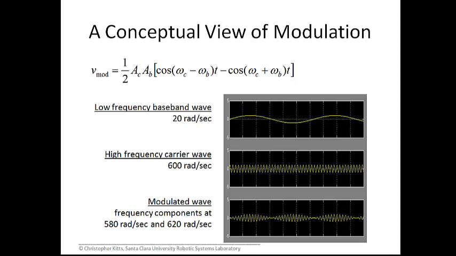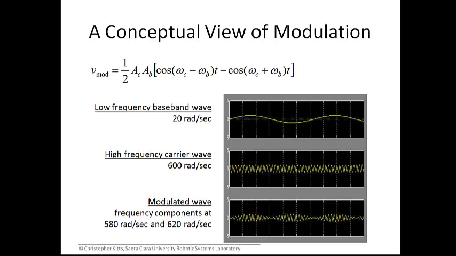So here's that expression again. And what I've done is I've just gone to MATLAB and done a simple modulation process, so a multiplication of those signals and plotted the results. So here you see, again, relatively low frequency baseband wave. I just chose 20 radians per second just to show you something. High frequency carrier wave, that's 600 radians per second, so much higher frequency than the baseband.